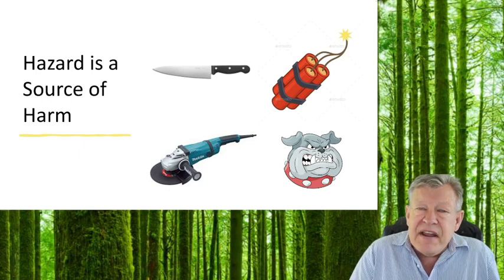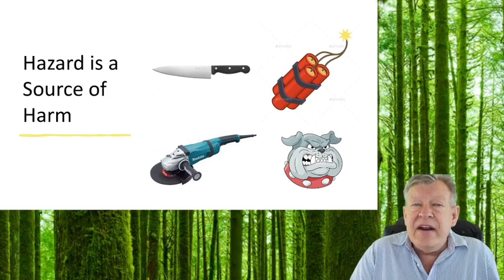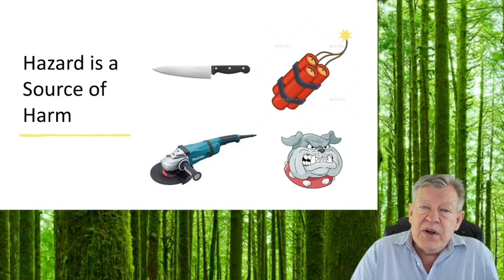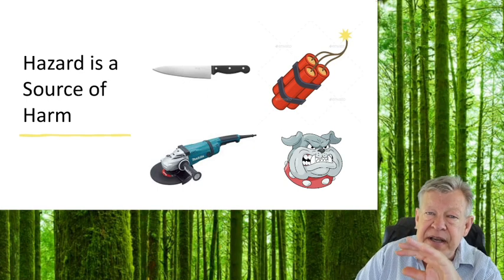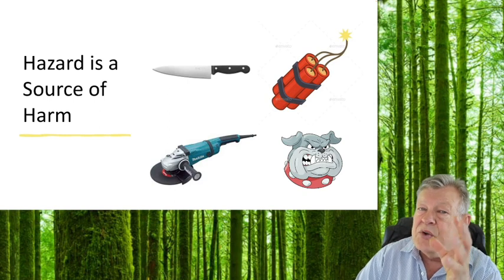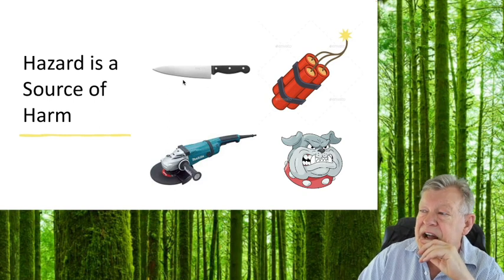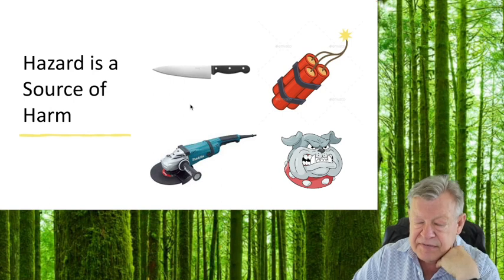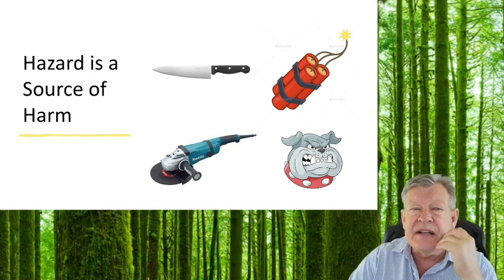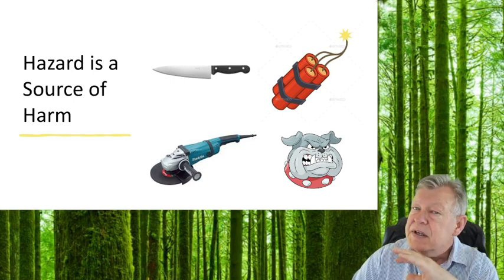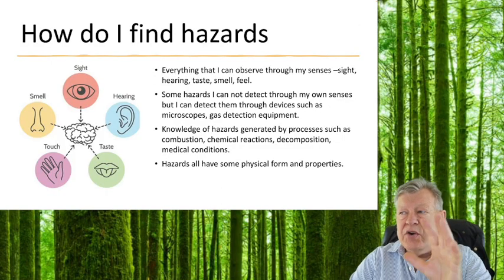But if I stay far enough or I hide behind something, it cannot touch me and it cannot cause harm. All right? So it has to touch me and it has to have enough energy when it touches me to cause harm. If this knife touches me but it doesn't touch me hard enough, it's not going to cut me.